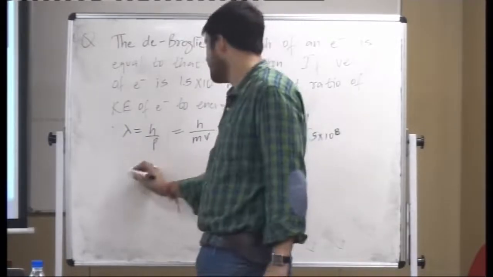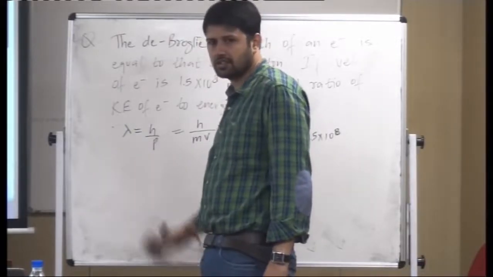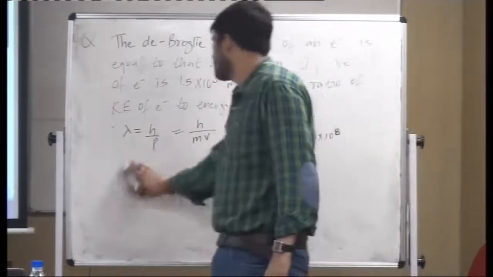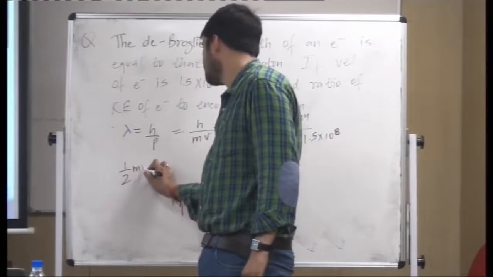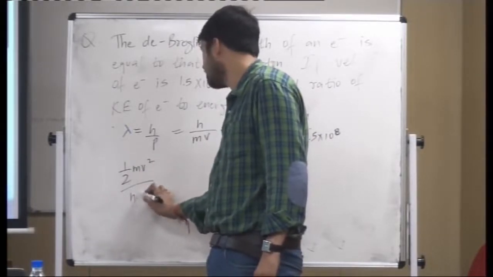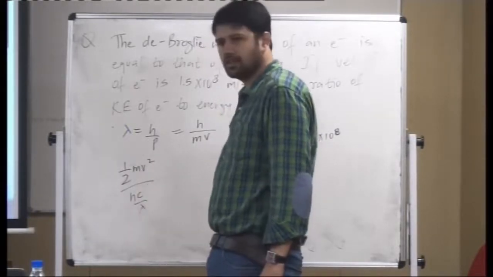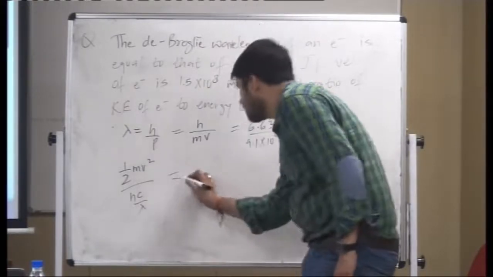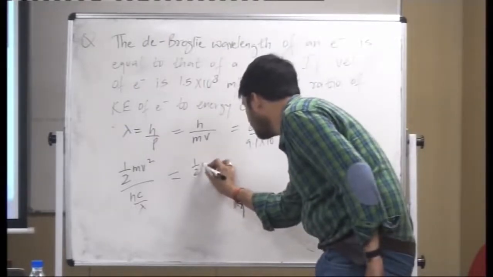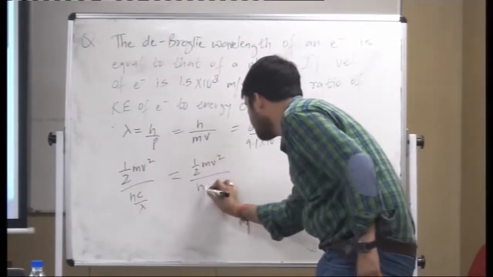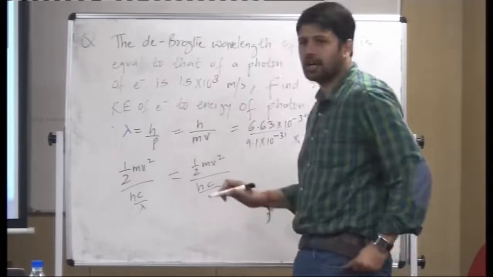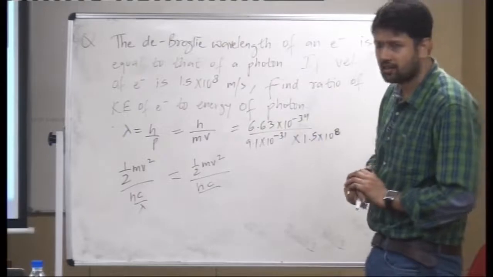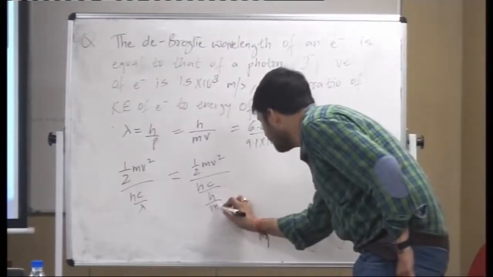Now you need to find the ratio of kinetic energy. The kinetic energy would be half mv square and the energy of the photon would be hc by lambda. This is half mv square by hc by lambda, and lambda can be replaced with the wavelength of the electron, which is h upon mv.